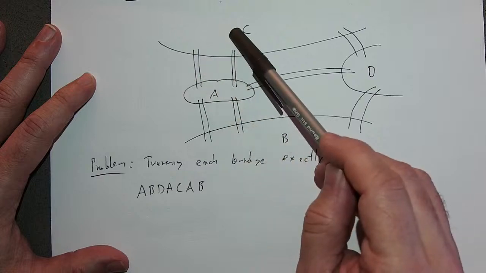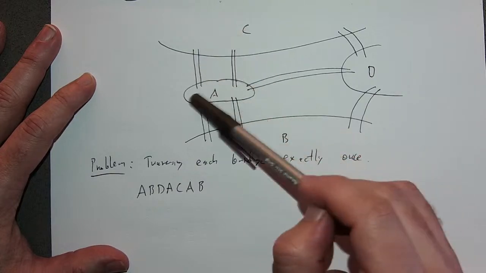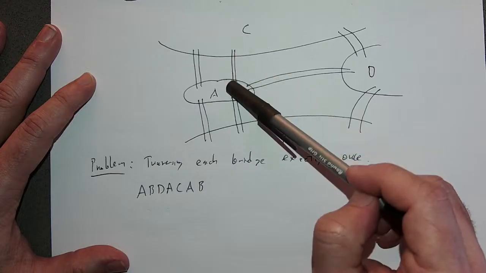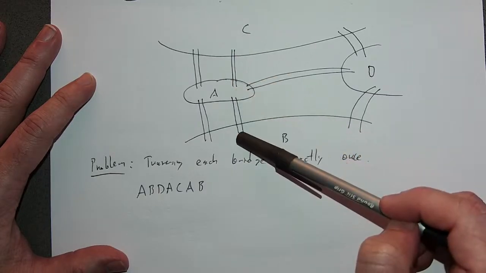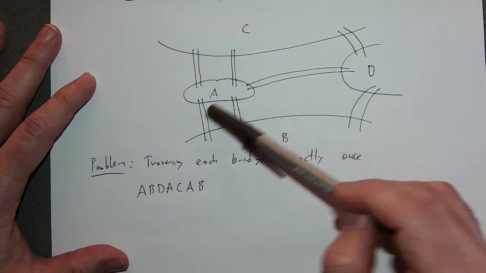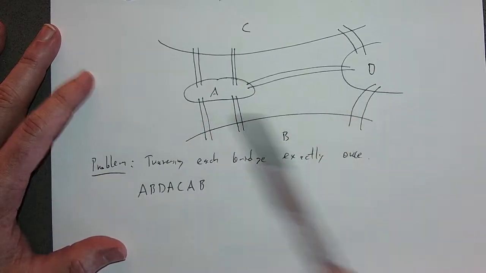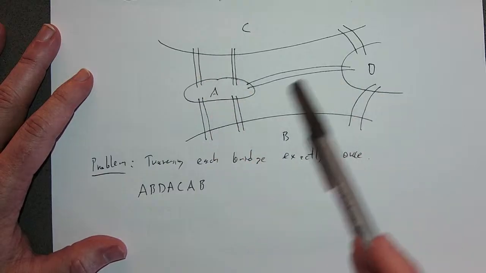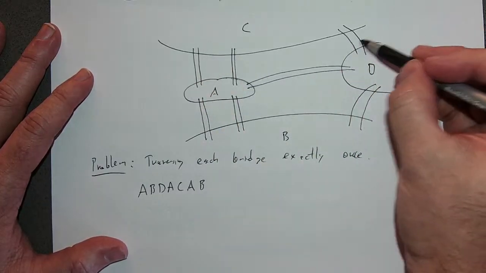So I cross to C. Back to A using the bridge I didn't use when I crossed to C. So now I'm using this bridge. Back to B, again using the bridge that I didn't use the first time. I did not traverse a bridge more than once, but I missed this bridge.